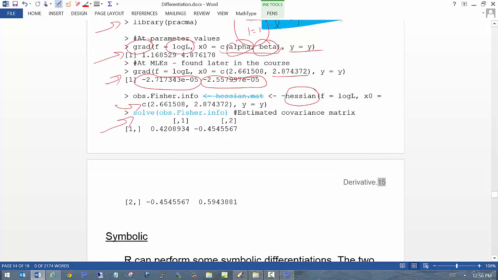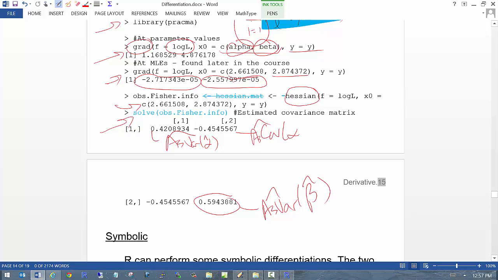So for example, this 0.594, that is the estimated asymptotic variance of beta hat. Here's the estimated asymptotic variance of alpha hat. And here is the estimated asymptotic covariance of alpha hat and beta hat.